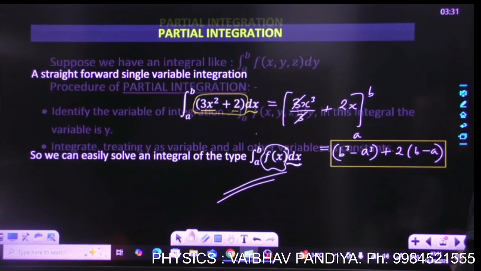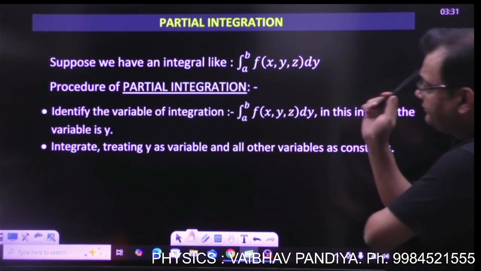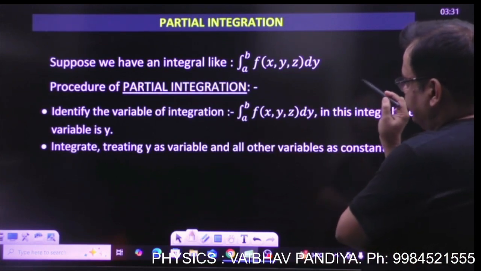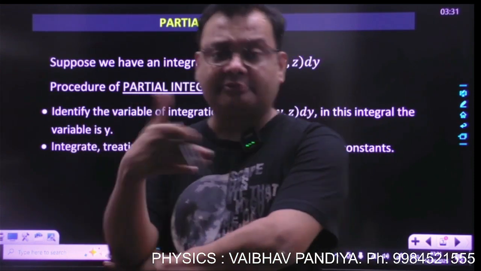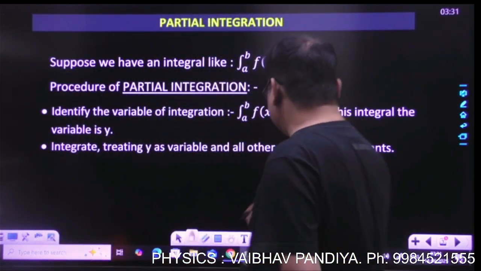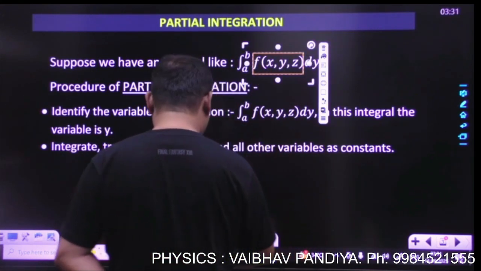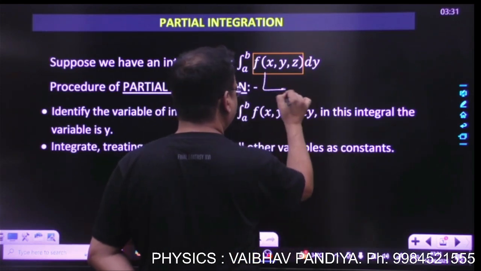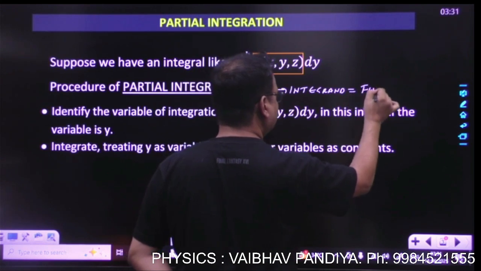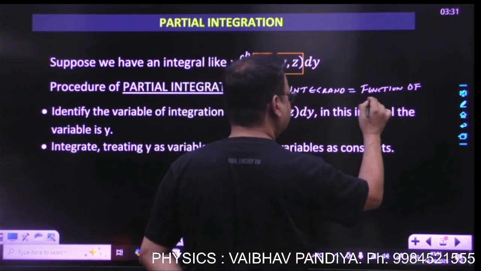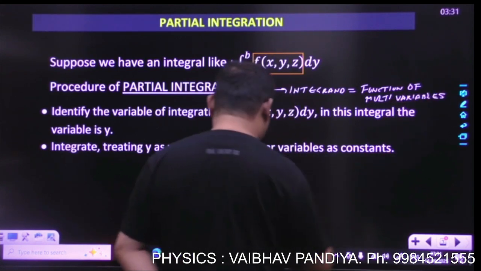Got it? Now let's see what is the meaning of partial integration. Suppose we have an integral where the integrand is a function of multiple variables, say x, y, z, maybe two variables, maybe three variables, okay? So here the integrand is a function of multivariables.